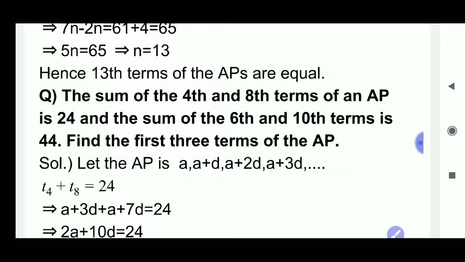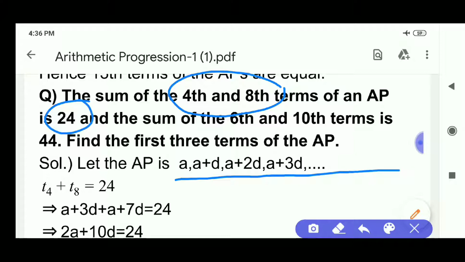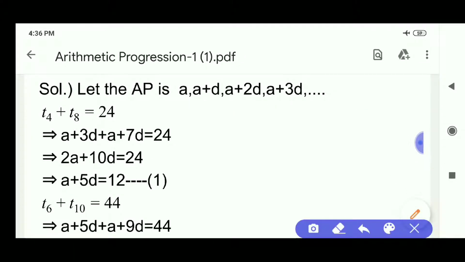Let the arithmetic progression be A, A plus D, A plus 2D, A plus 3D, and so on. The sum of the 4th and 8th terms is 24. So term 4 plus term 8 is equal to 24. What is term 4? You know it. A plus 3D. What is term 8? A plus 7D, and the sum is 24.